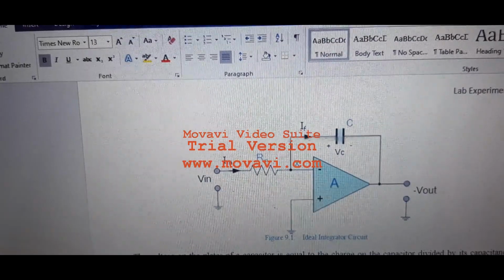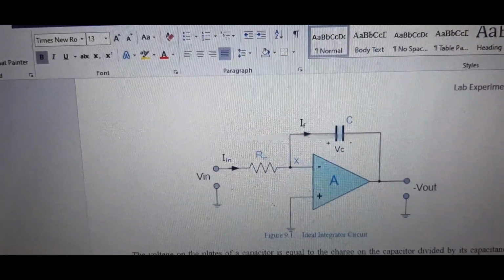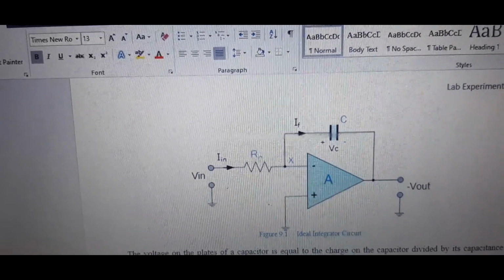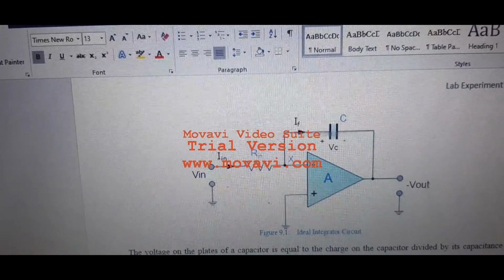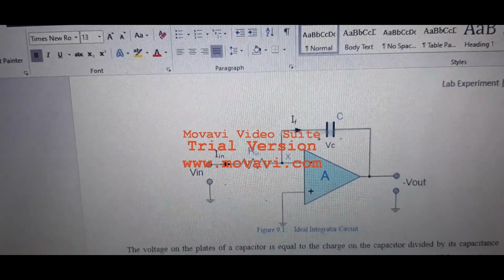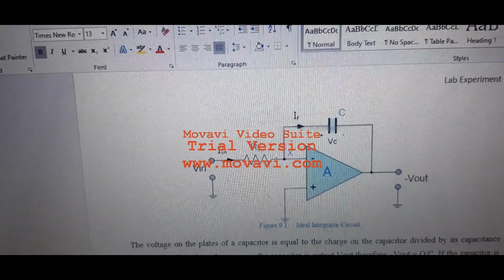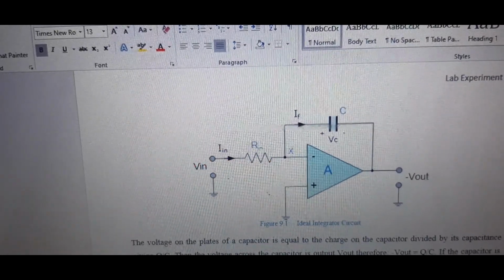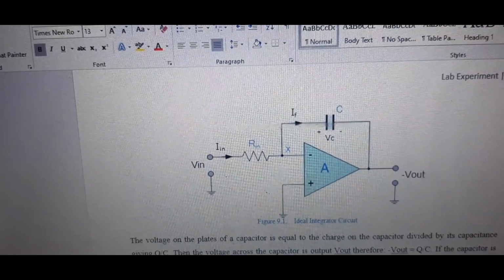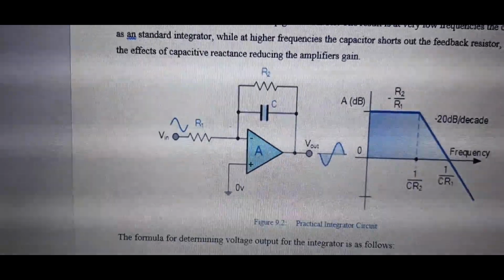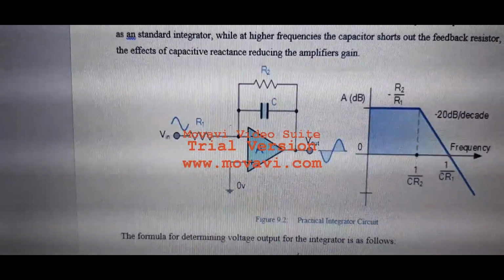So for low frequency, this op-amp circuit has a very high open loop gain, which can create the problem of oscillation at low frequency. To avoid this, the ideal integrator circuit is improved, and a feedback resistor is connected in parallel to the capacitor. The circuit diagram of the improved practical integrator circuit is shown in the figure.